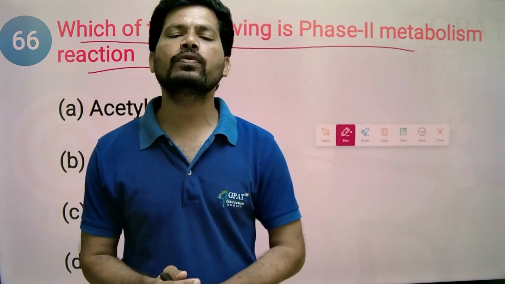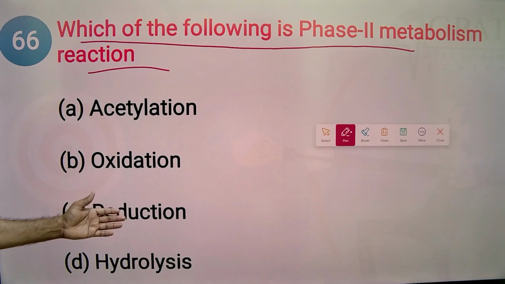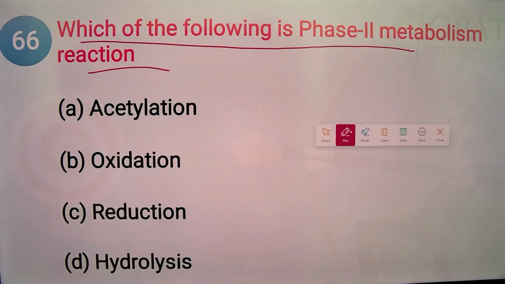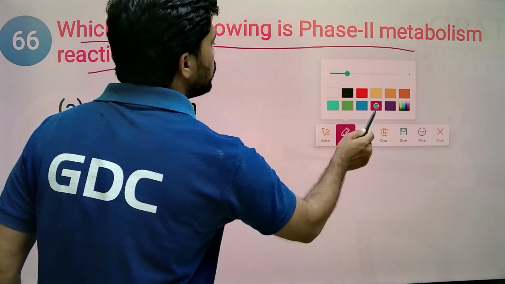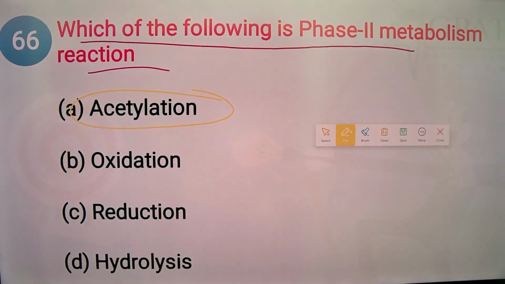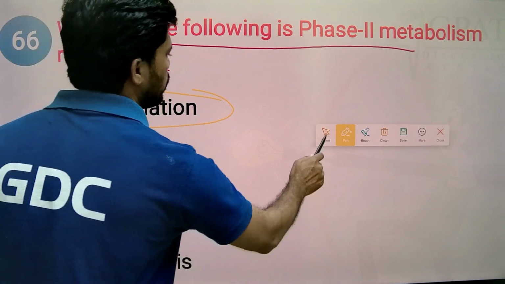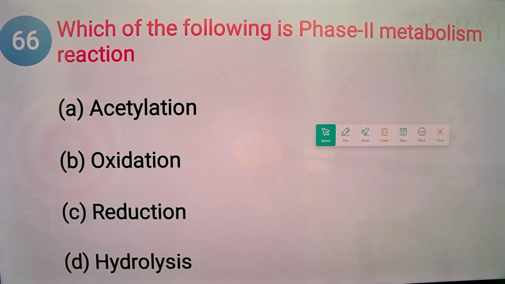There are phase 1 and phase 2 drug metabolism. Phase 1 involves oxidation, reduction, hydrolysis, cyclization, decyclization. The simple answer is acetylation, which comes under phase 2 metabolic reactions that take place in the liver, as part of drug metabolism.